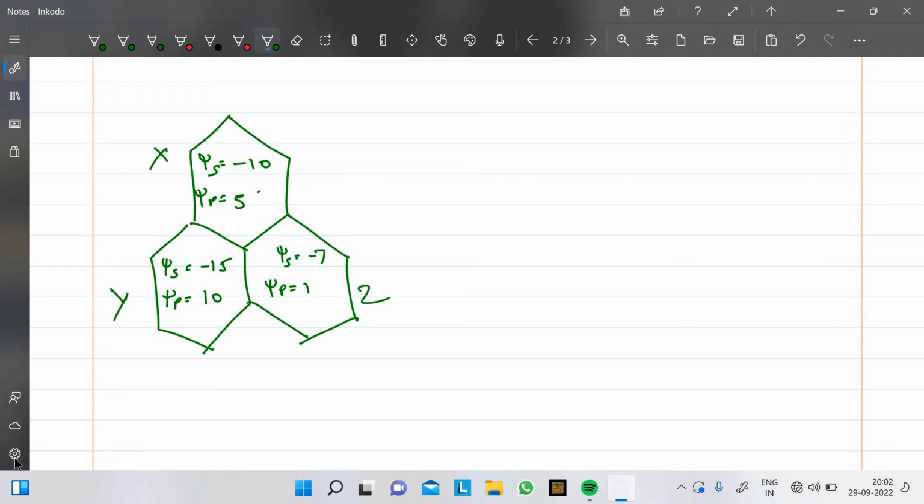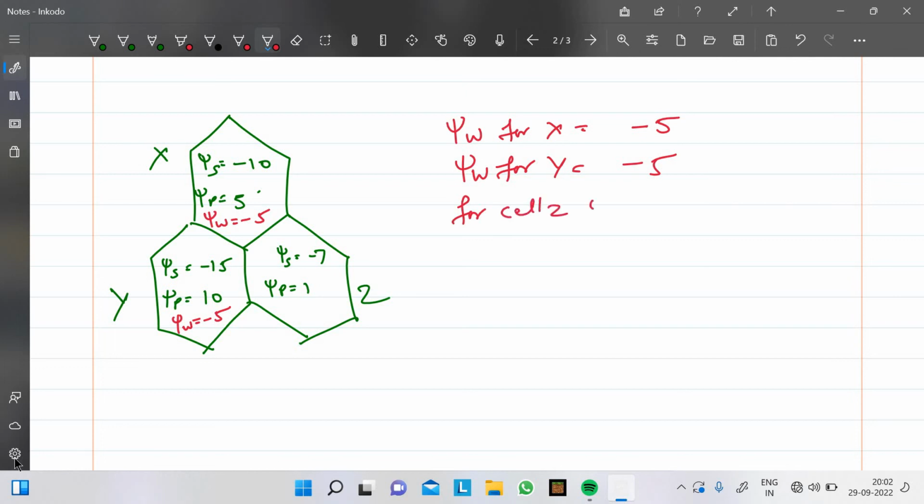So अभी तक मैंने क्या निकाला था, वाटर पोटेंशियल। फॉर वाटर पोटेंशियल फॉर सेल X कितना निकल के आया था, -5। वाटर पोटेंशियल फॉर Y कितना निकल के आया था, अगेन -5। And for cell Z water potential is equal to again solute potential plus pressure potential.